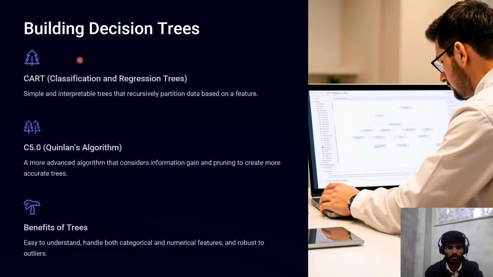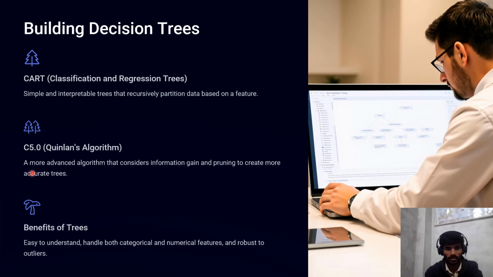So next, building decision trees. So talking in this, CART, classification and regression tree: a simple and interpretable tree that recursively partitions data based on a feature.